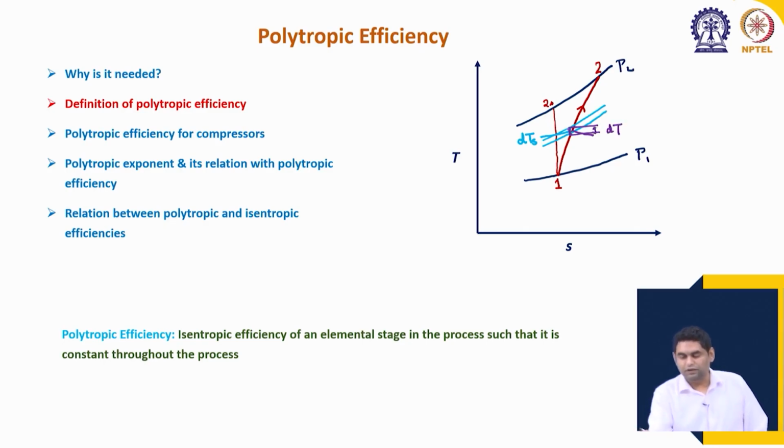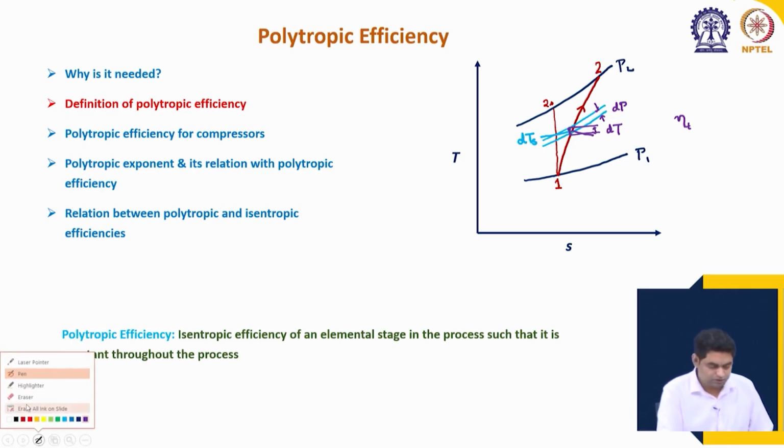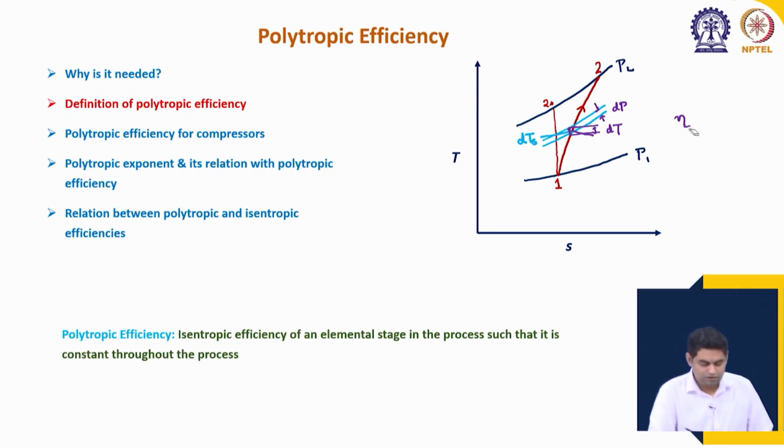So, the isentropic efficiency of this small temperature difference and for the small pressure ratio dP can be written as eta, or let us not use any subscript right now. It can be written as eta equal to dTs by dT for the compressor. So, ideal temperature rise by actual temperature rise.